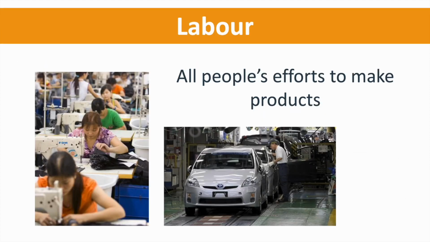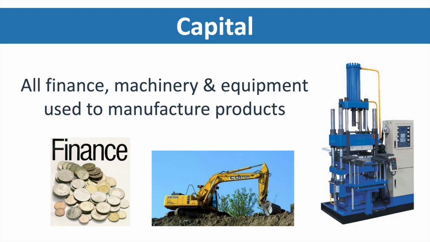Labor, this would be all the people's efforts to make products. All the humans' efforts that go into producing something would fall under labor. Capital, this would be all the machinery, equipment, and not just that, but also finance, a key ingredient to manufacture products.